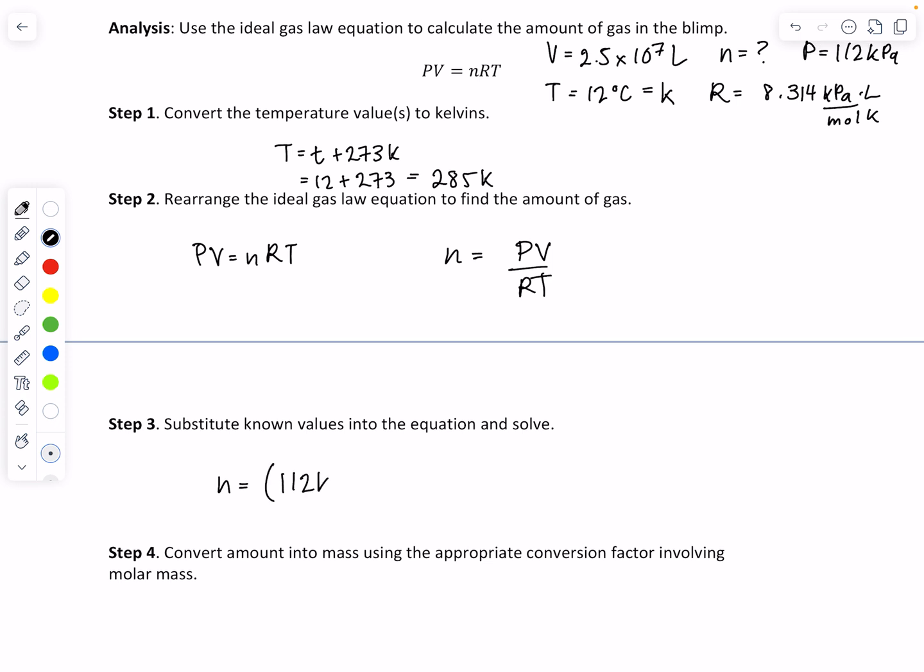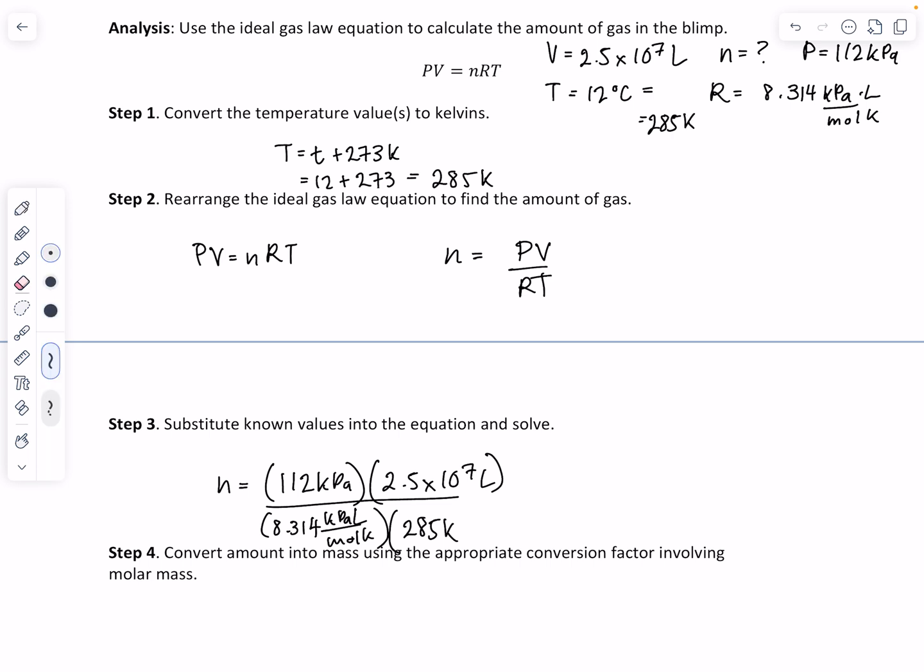That's 112 kilopascals times 2.5 times 10 to the power of 7 liters divided by 8.314 kilopascal liters per mole Kelvin times the temperature of 285 Kelvin. If we punch this into our calculator, we end up with 1.18 times 10 to the power of 6 moles.